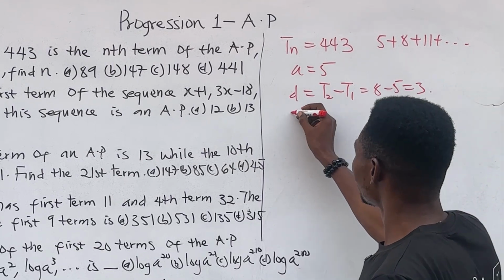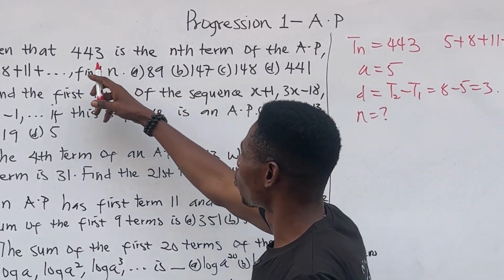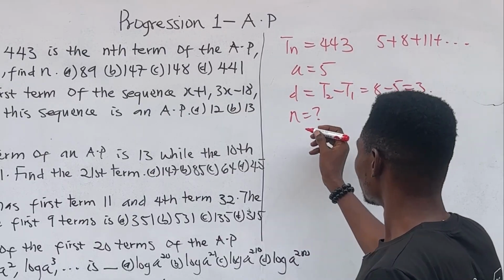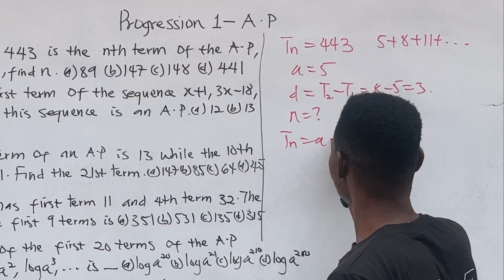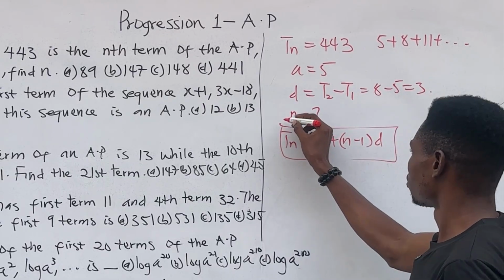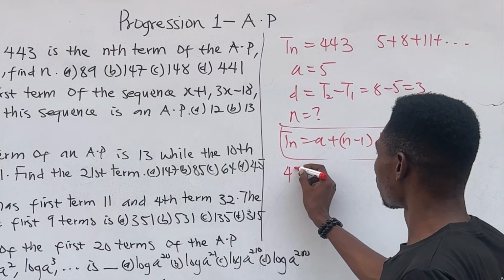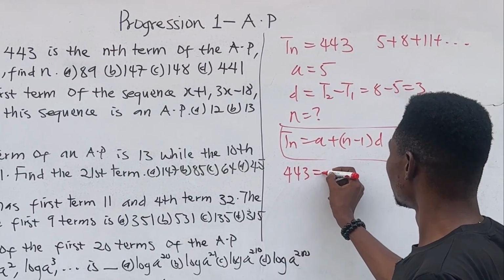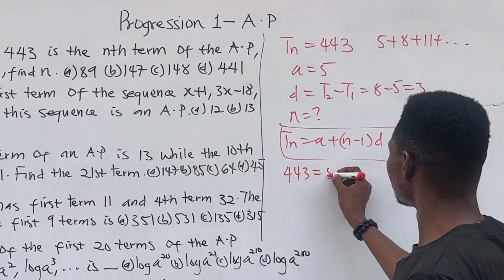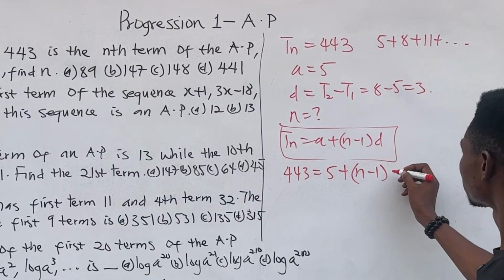Okay, so n is what we're looking for now. We don't know what n is, but the nth term is 443. So remember that Tn equals A plus n minus 1 d. Remember this formula for nth term. So Tn, the nth term, 443, equals A, first term is 5, plus n minus 1, our common difference is 3.